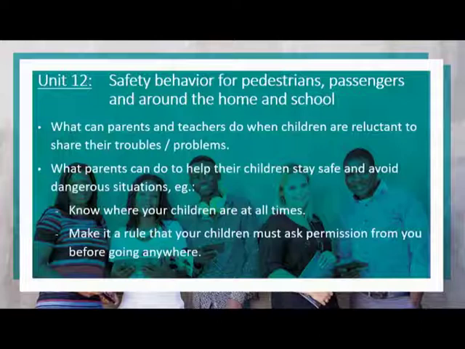What can parents and teachers do when children are reluctant to share their troubles or problems? What parents can do to help their children stay safe and avoid dangerous situations? For example, know where your children are at all times. Make it a rule that your children must ask permission from you before going anywhere.